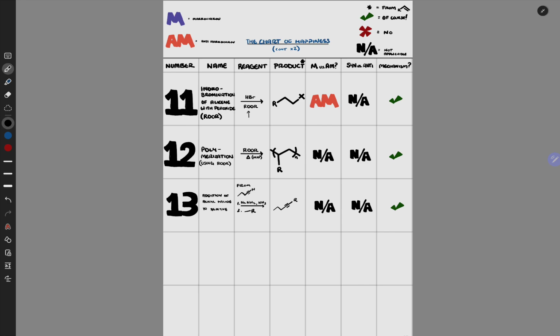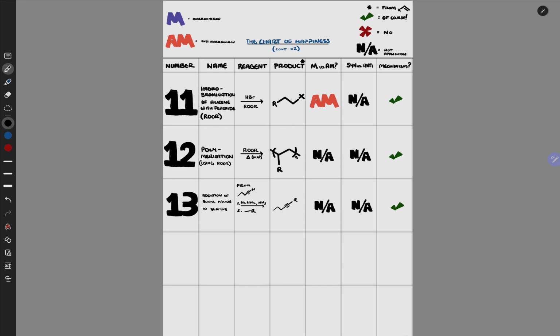This hydrobromination of an alkene with peroxides will add a halogen onto the less substituted carbon, thus making it an anti-Markovnikov addition. No need to worry about syn and anti addition there. And we will need to know this mechanism.